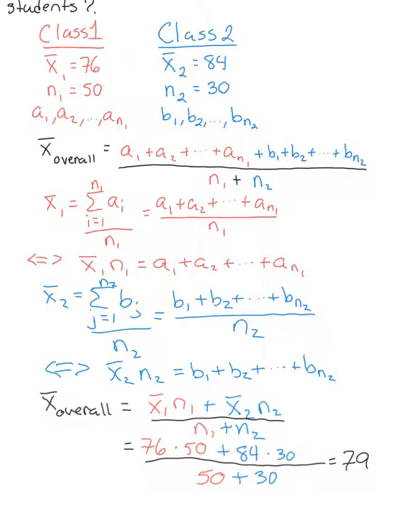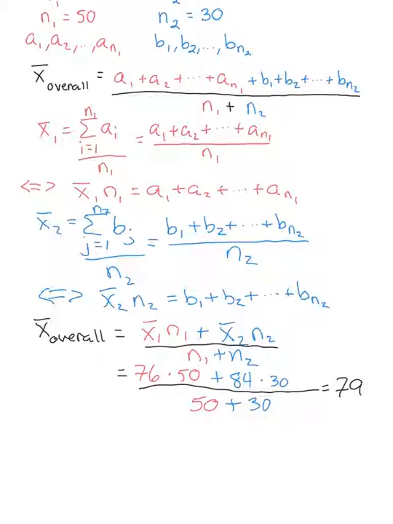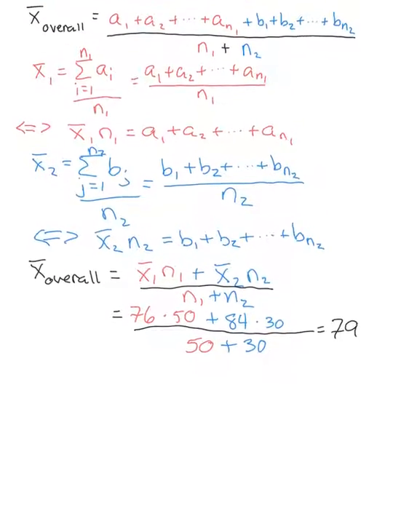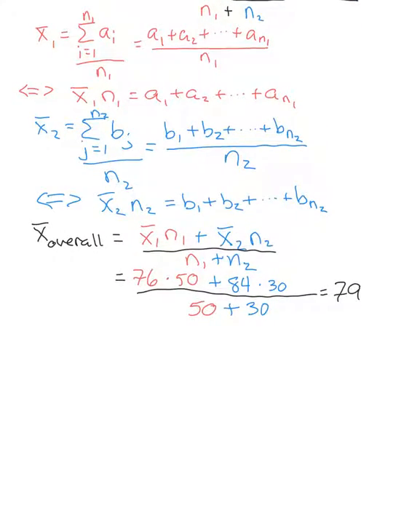Now, I also want to give you a better sense of just why that is the case here. And I'm just going to do that by a little bit of algebra. Okay. So if we took this original formula, so we have x bar overall equal to x1 n1, and I'm just going to divide this formula up into two parts.